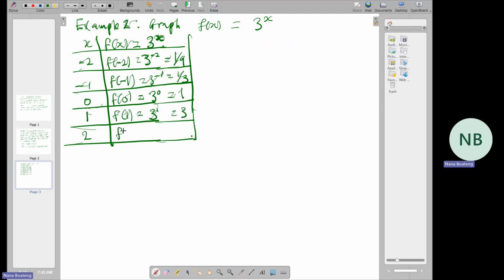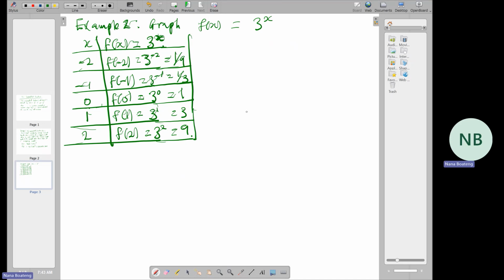And f of 2 is equal to 3 squared, which is equal to 9. All right, so we have a pair of points for x and for y, so we can now graph our function.